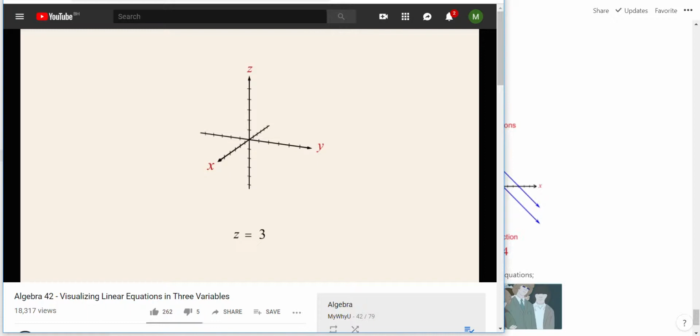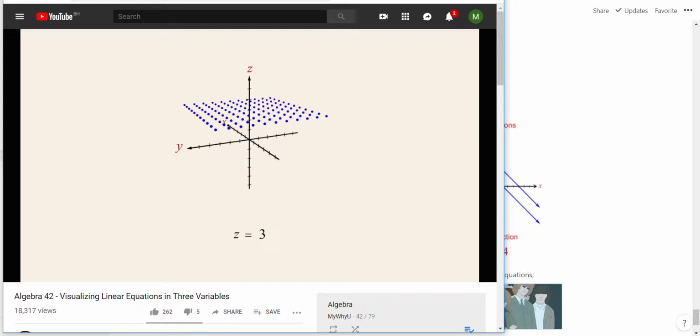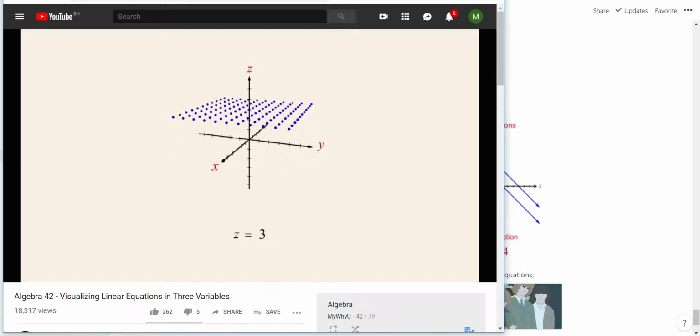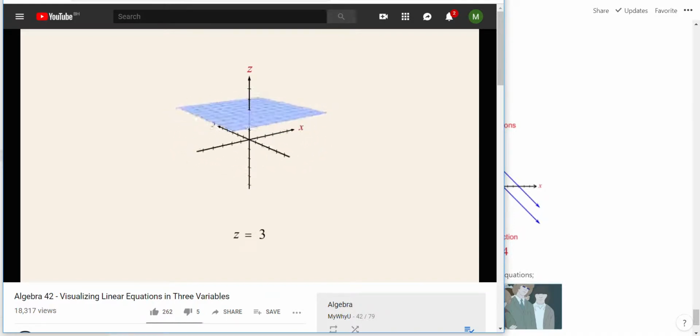Since both x and y are free to take on any value, the graph of this equation consists of every point in 3-dimensional space whose z-coordinate is 3 and x and y coordinates are any real number. The graph of this equation is therefore a horizontal plane 3 units above the origin.